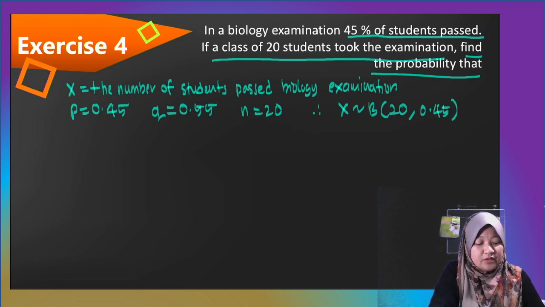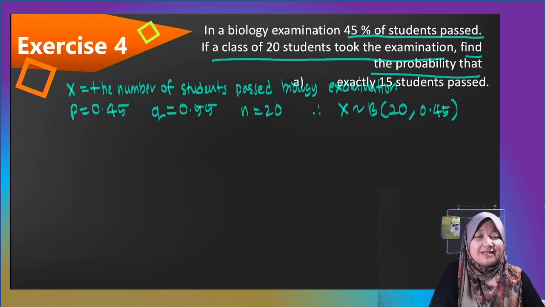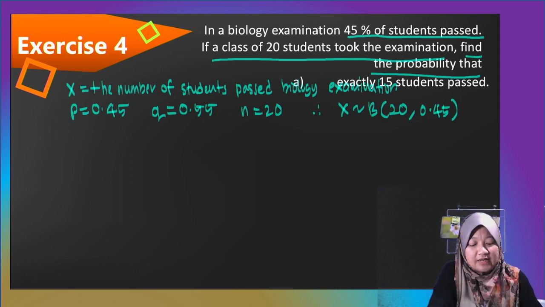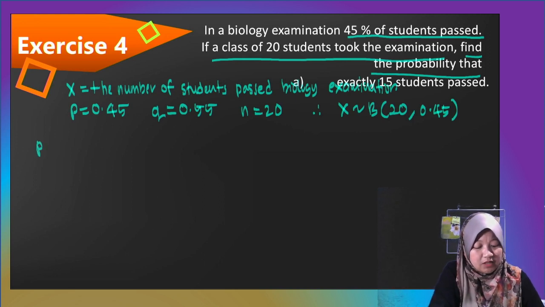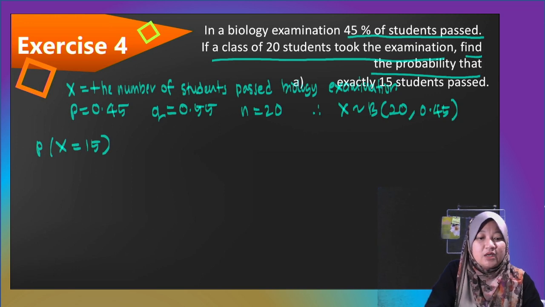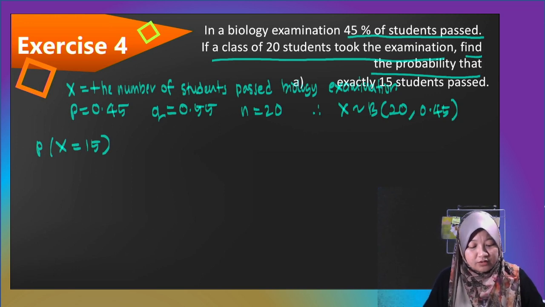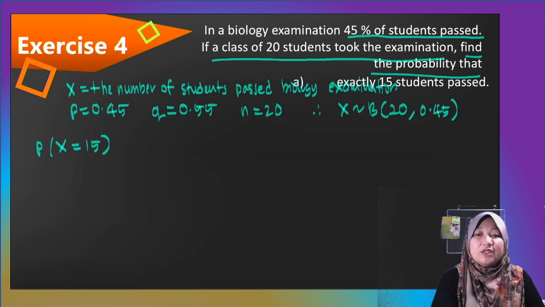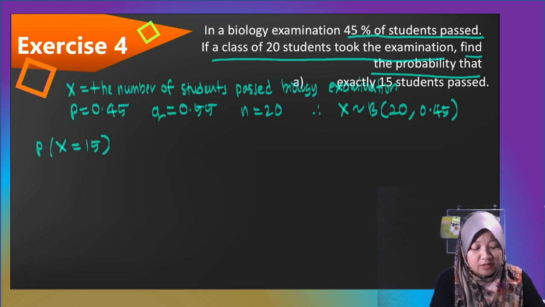Okay. So, dia suruh kira apa? The probability exactly 15 students pass. Exactly 15. So, exactly 15 means probability X equal to 15. Okay. So, kalau X equal to 15, kita boleh kira menggunakan formula sahaja. NCX.